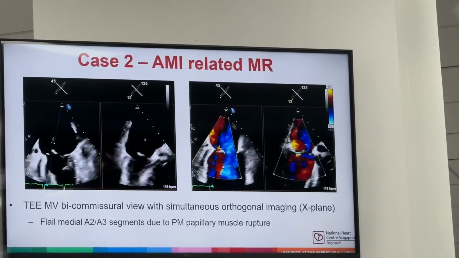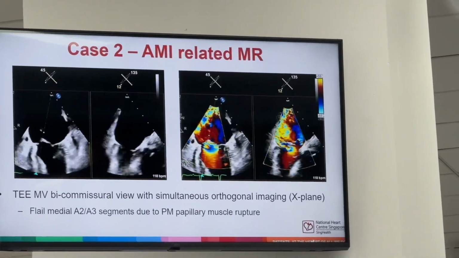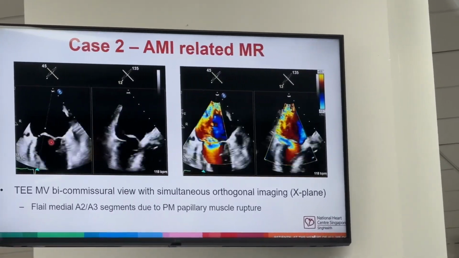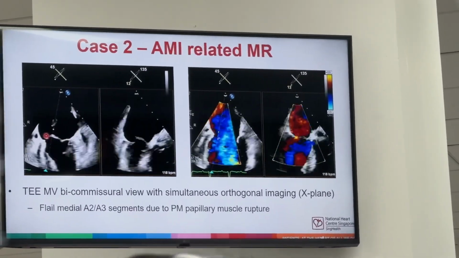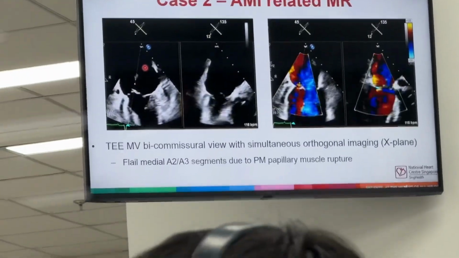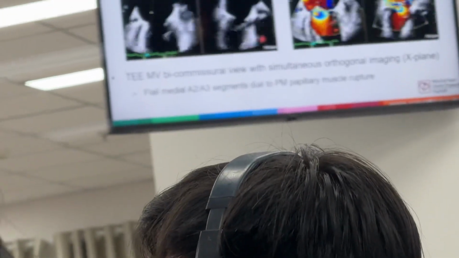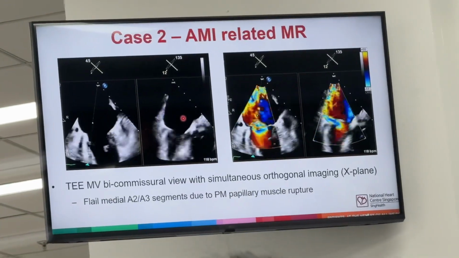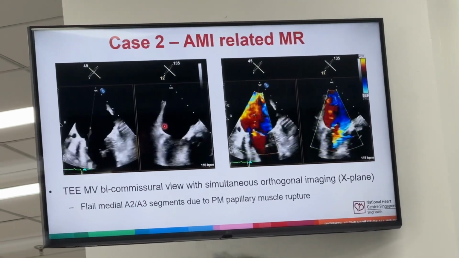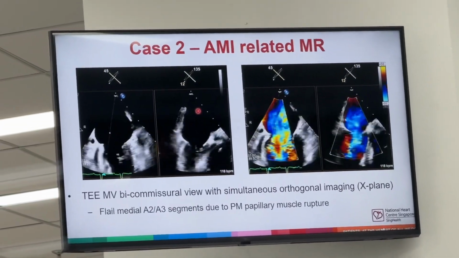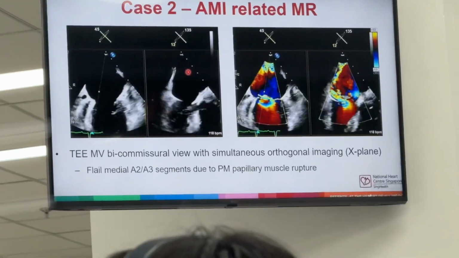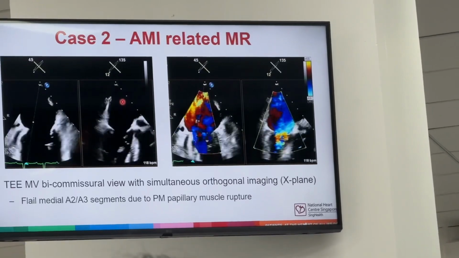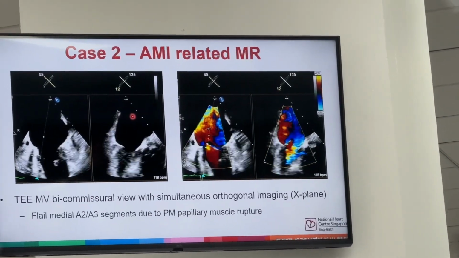You can see here in the medial part of the valve that there is a flail segment. The anterior leaflet is flail with some echogenic structure attached to the tip of the leaflet, which is actually a ruptured papillary muscle. And this results in severe mitral regurgitation.